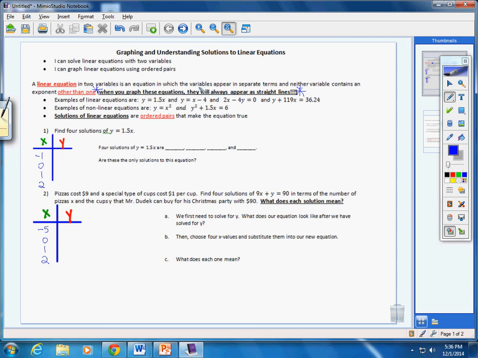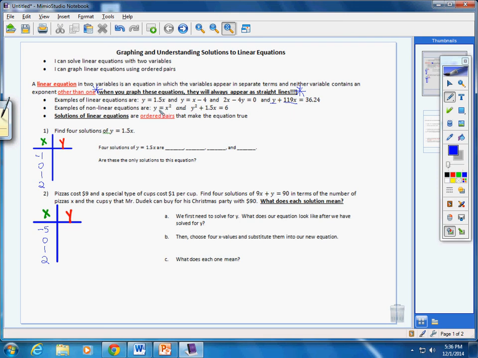The variables appear in separate terms, which means you don't have x times y. If you notice, our terms are separated by a plus or minus sign. So the y is in its own term, the x is in its own term. And our exponents of our variables are always 1.